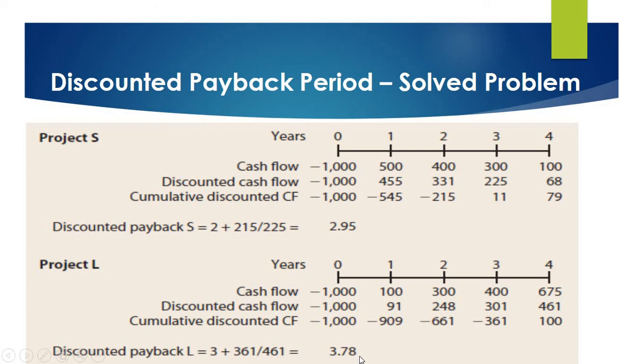If the projects are independent, we can choose only project S. If the projects are mutually exclusive, still we will accept only project S. Project L will be rejected because its discounted payback is more than 3 years, which is the maximum acceptable payback period.